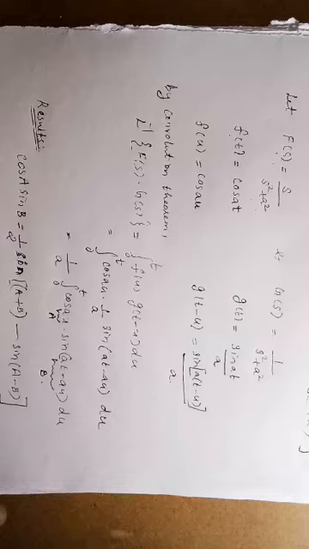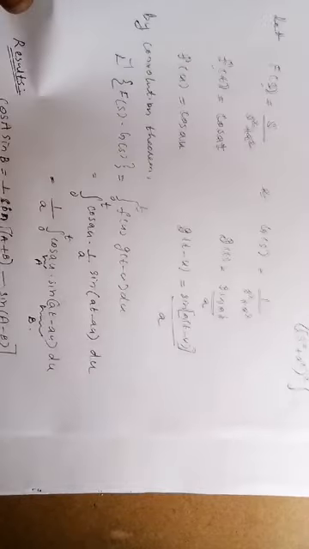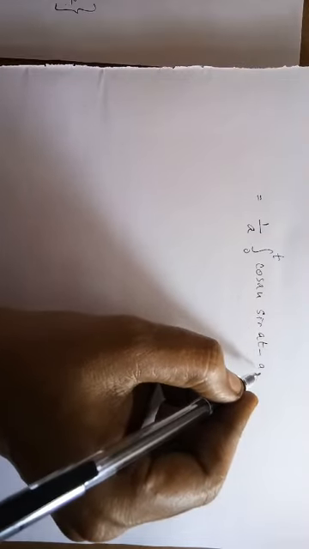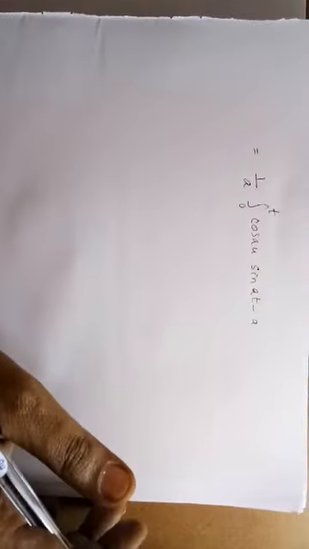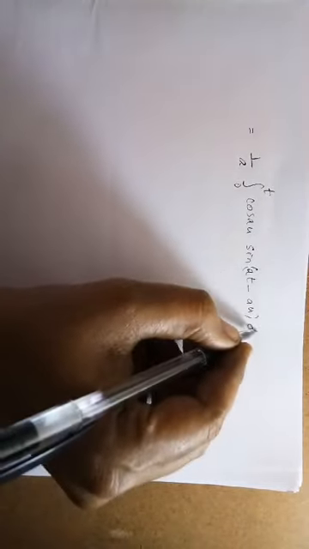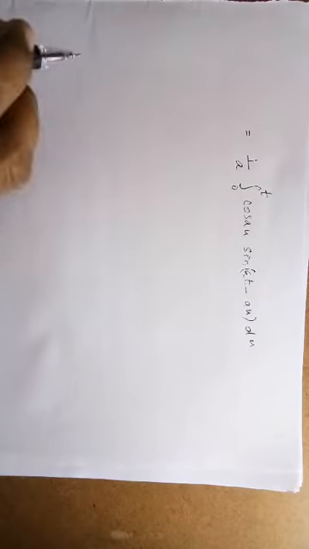So we have 1 by a integral 0 to t cos au sin(at minus au) du. Now using that theorem.